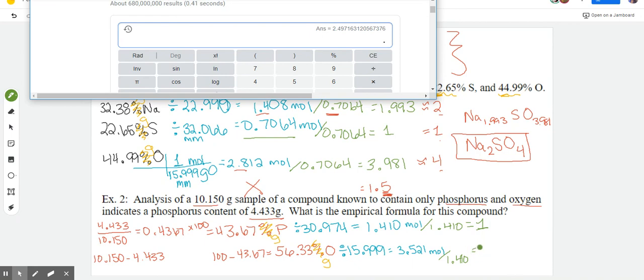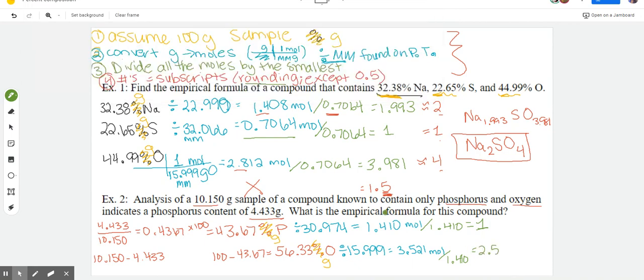All right. So this is one of those examples where we're going to end up with that 0.5, like I've told you right here. So remember, we're not doing it in the blue step, we're doing it right here in the green step. So once we're here, we can't just round these both up. We can't just round everything. So this is that additional step that we have to do. We have to get this to a whole number. The best way to get 0.5 to a whole number is to multiply it by 2, and that's the concept that we're going to be using here.